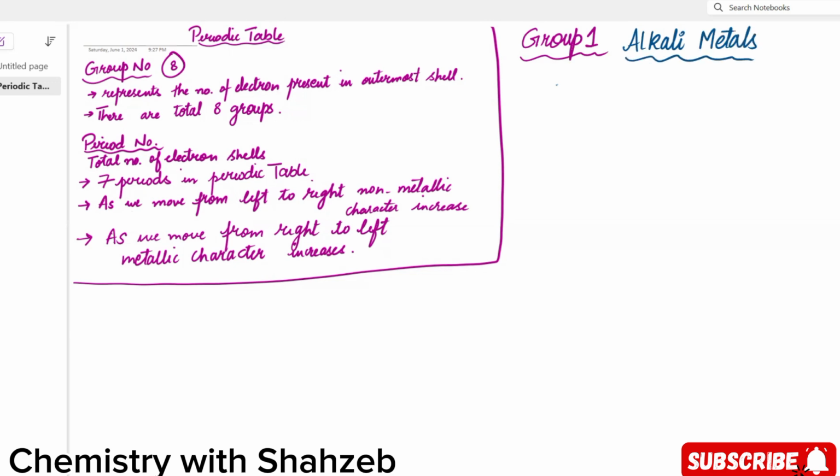As we know, the group number represents the number of electrons present in the outermost shell, so alkali metals all have one electron present in the outermost shell.